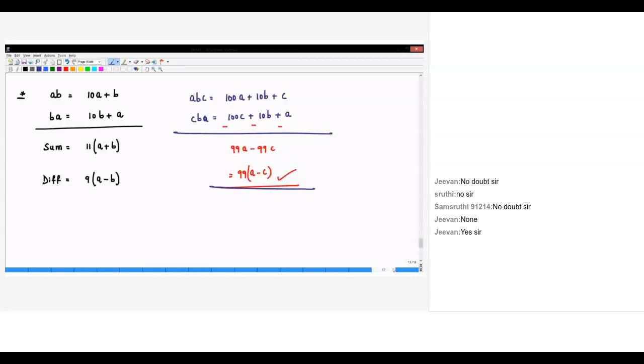If you take two digits, reverse it, add it: 11, subtract it: 9. If I take a three-digit number, reverse it and subtract it, the difference will always be divisible by 99. Sum, there is no format.